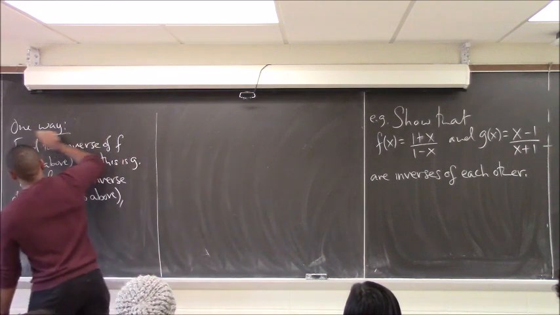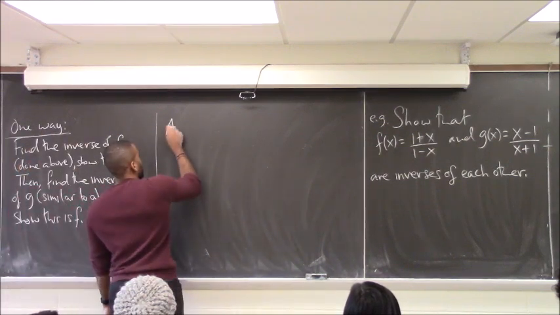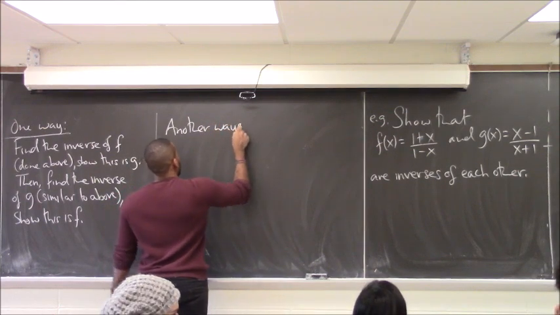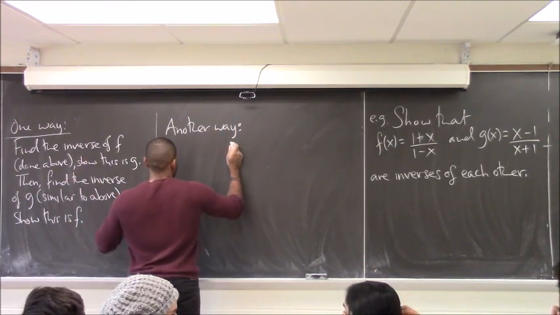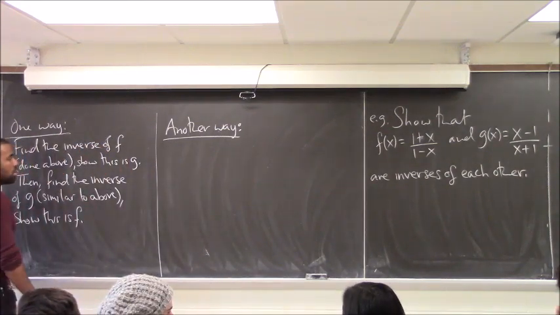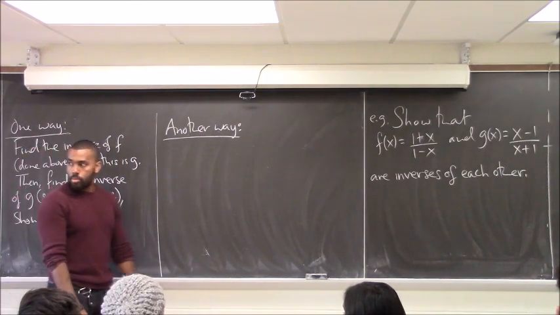So that's one way to do it. That's perfectly fine. Any other ideas? So how you'd actually do that, I showed you an example of how to do that, but there's another option.